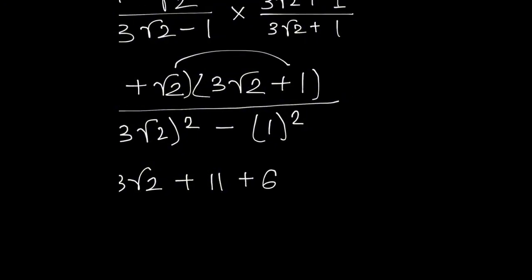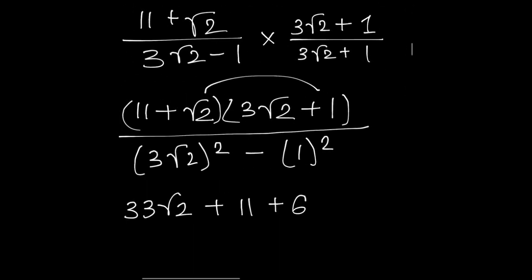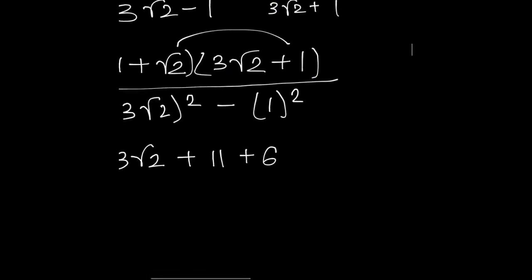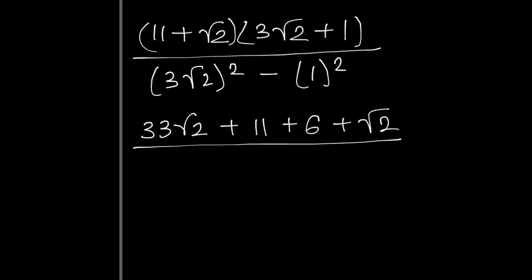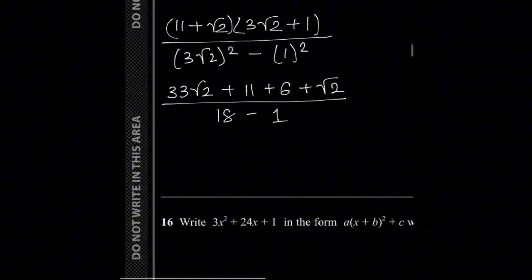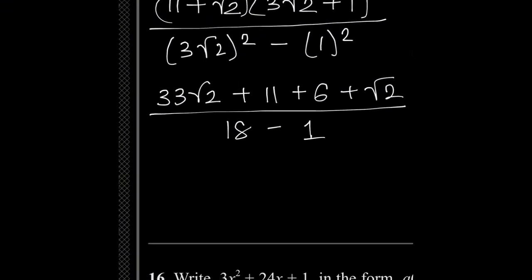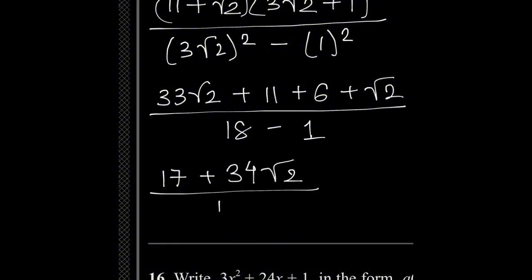You can put in the calculator for the multiplication, obviously it's fine. Then the last 2 is root 2 times 1. So it's gonna be positive root 2 divided by, put these in the calculator, we're gonna get the value of 18 minus 1. Now let's add 11 plus 6, which is 17. 33 root 2 plus root 2 gives us 34 root 2. 18 minus 1 is 17.